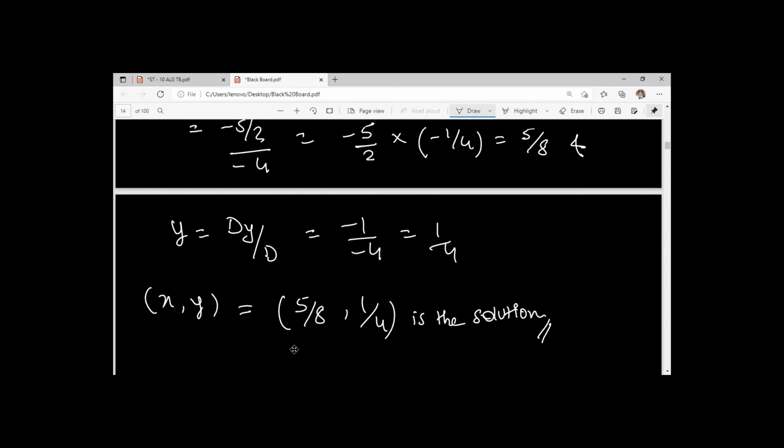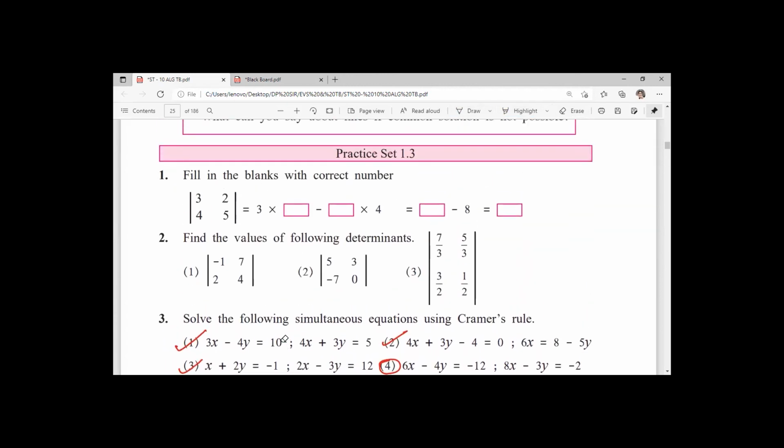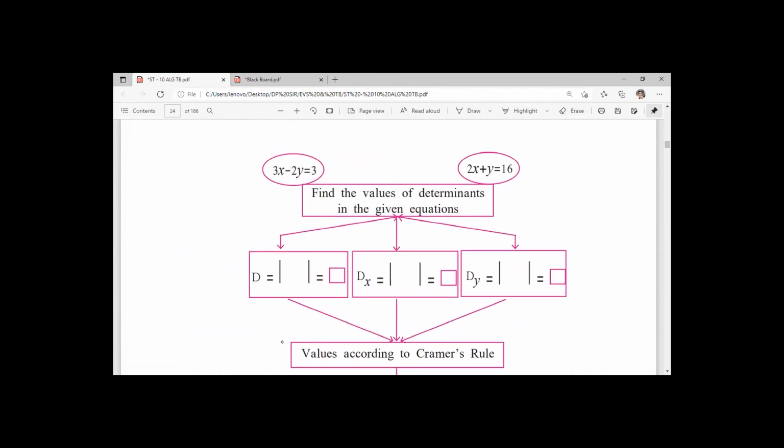So I hope these questions were clear. If you look at the question, we have completed the entire exercise. There is not a single question which we have left. So just try, and again I have something for you to try as well. I want you all to try this exercise. Okay, so that's all from my side.